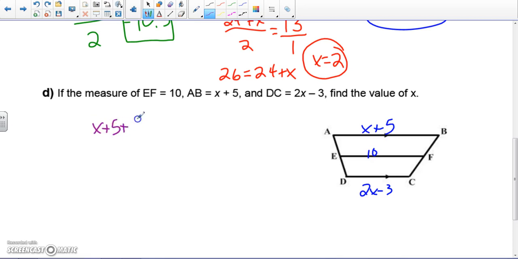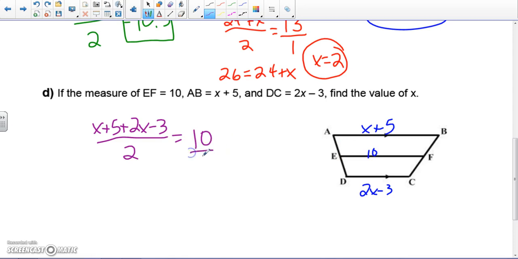So you add them up and divide by 2. So the average of the bases, x plus 5 plus 2x minus 3 divided by 2, equals the mid-segment.